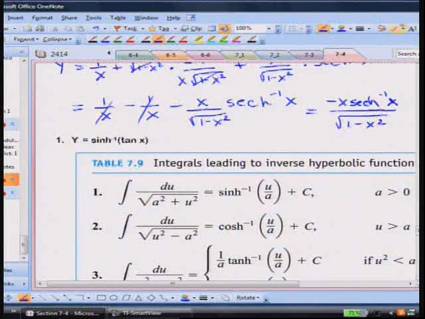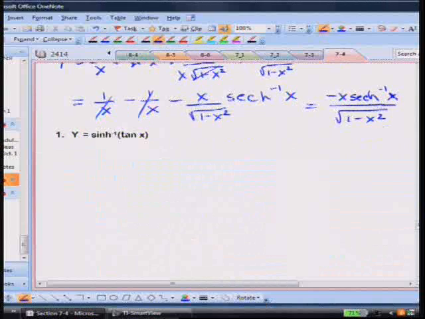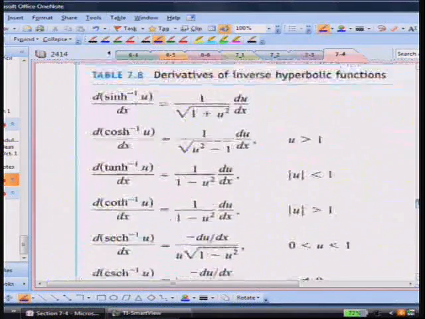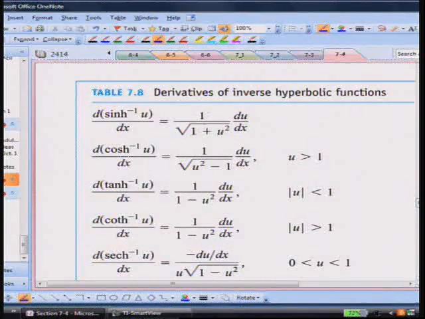Okay, here's number 8. The inverse hyperbolic sine of the tangent of x. The derivative of the inverse hyperbolic sine is 1 over the square root of 1 plus u squared times du dx.